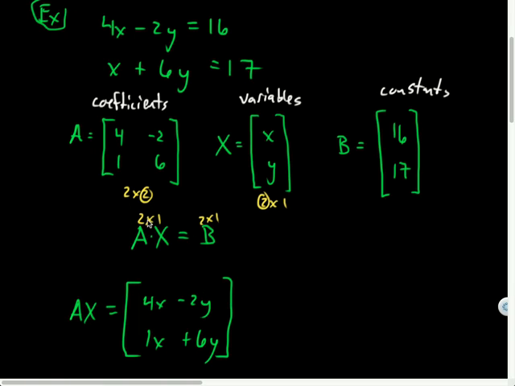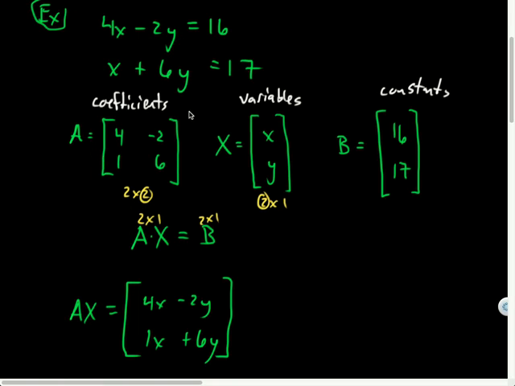And I just want to point out, I'm saying that AX equals B. If I set this equal to this matrix, then the corresponding elements would be equal, right? So this would equal that, and this would equal that, and this would in fact translate back to our original equation setup. Okay? So far all I'm doing is rearranging this into matrix form, and I just want to verify that this equaling B would in fact relate to the original thing.